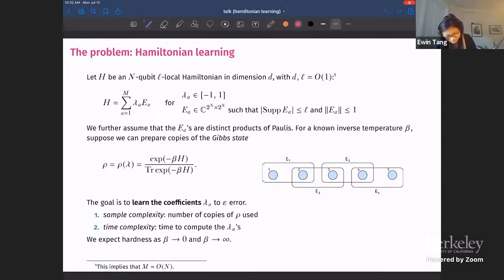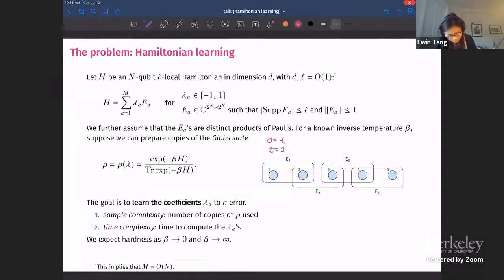In the example here, just for the sake of being really explicit, I'm in a one-dimensional space because all of the qubits are in a line. The terms are all acting on adjacent qubits.